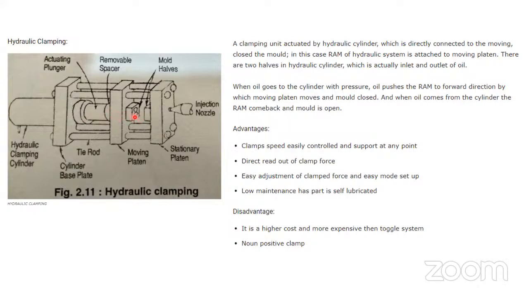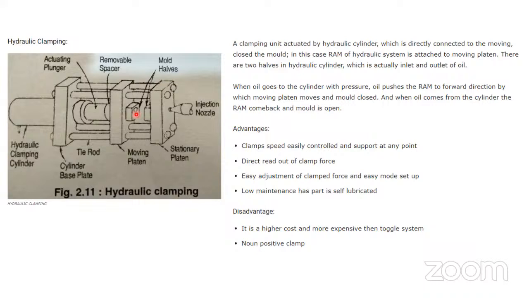This moving platen moves here and the mold closes. And when the oil comes out from the cylinder, when this oil goes down from the cylinder here, or maybe from this side, the ram comes back. This ram will come back, and the mold is open.